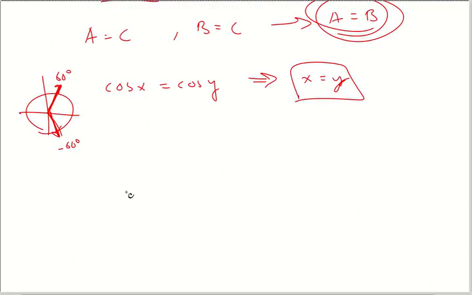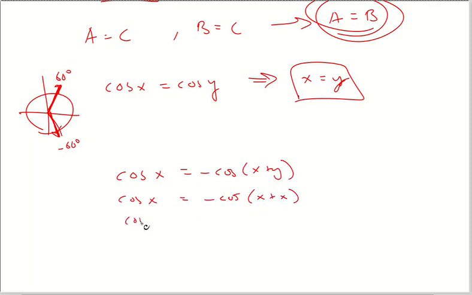So what I did is I said, okay, well, let's then assume that I have x equals y. Let's go back then to one of those equations I had. Cosine x is equal to a negative cosine of x plus y. Well, then we can rewrite this as x plus x. That's 2x.